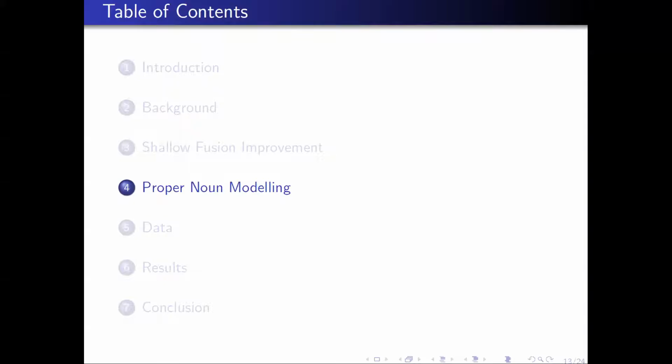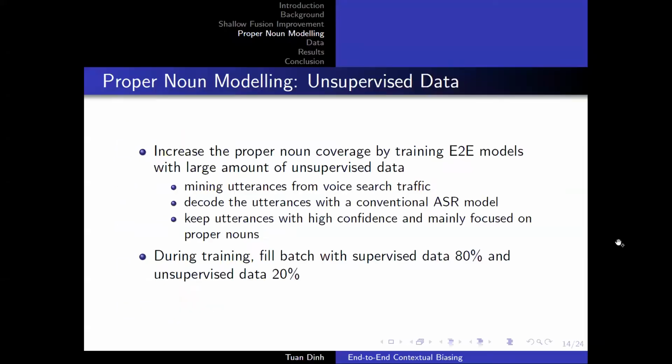This section shows various techniques to increase the proper noun coverage for end-to-end models. So we train the end-to-end model using a large amount of unsupervised data.